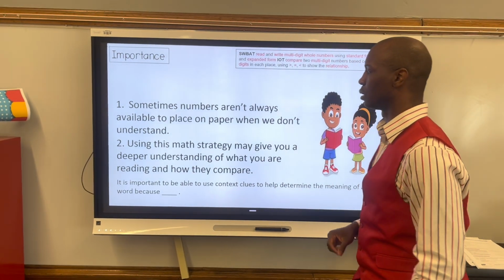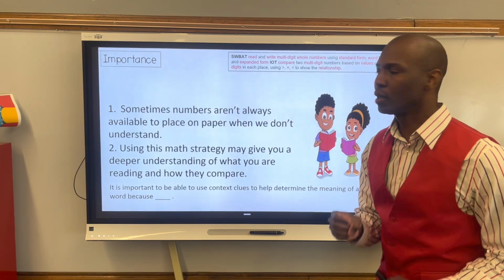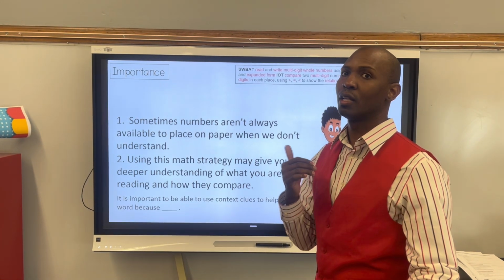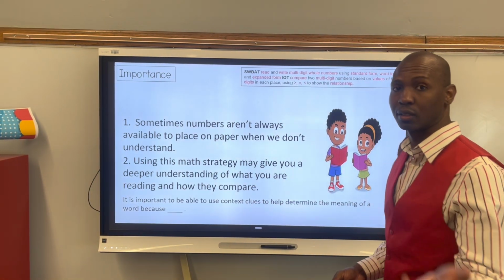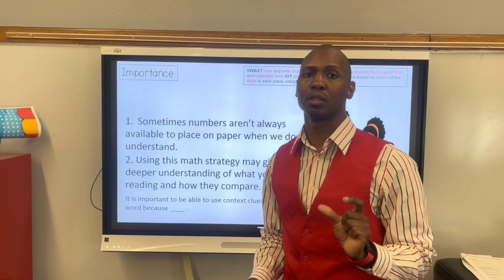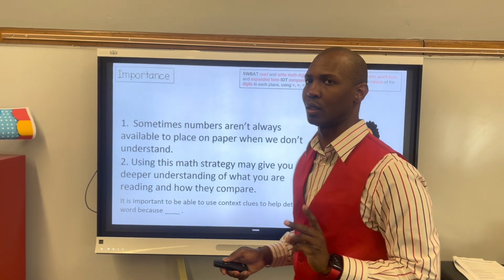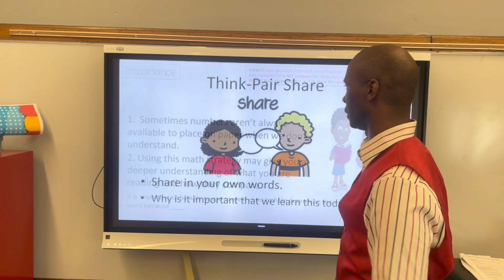Then I'm also going to look to see what math strategies we are using to deepen that understanding of what they're reading and how they can compare numbers that may be alike or different. It's important to use these context clues because if they're not seeing the numbers and their place, there would be areas where they would struggle, and I need to be looking out for that as I teach the lesson.